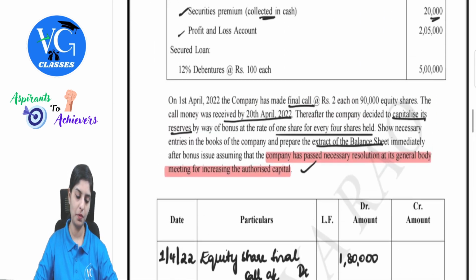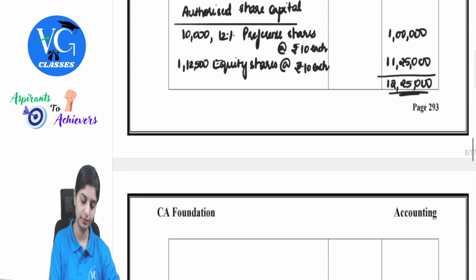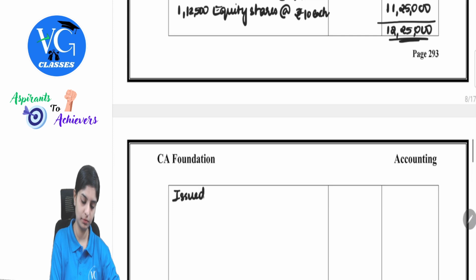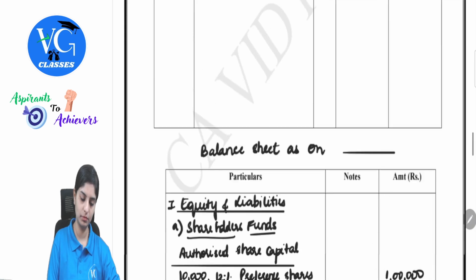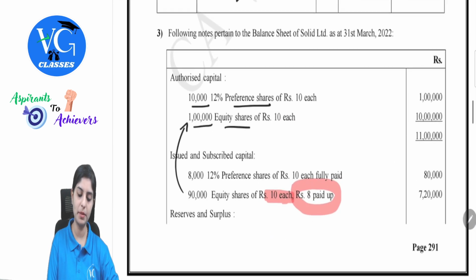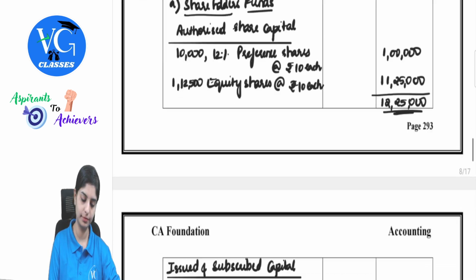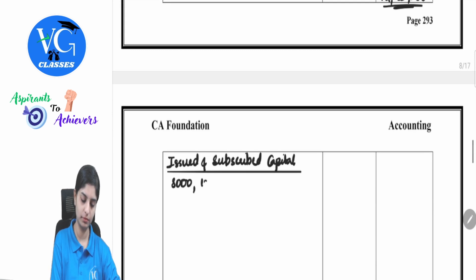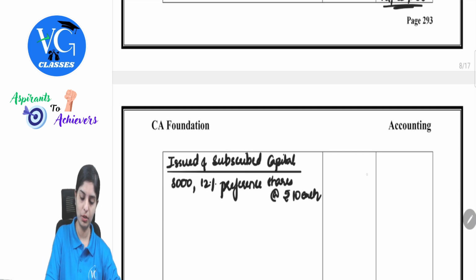Then we have issued and subscribed capital. There are 8,000, 12% preference shares at 10 each. This will be 80,000.